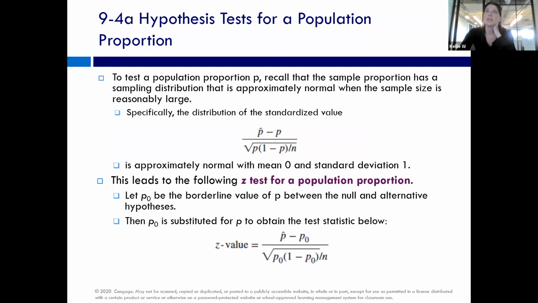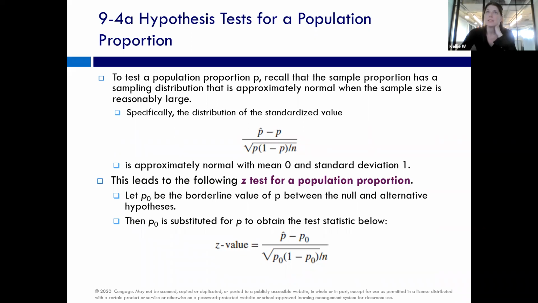So again, not stressing out about the formulas. The main point here is that if we're testing a population proportion P, then we have a sampling distribution that's approximately normal when our sample size is reasonably large. And we can calculate the distribution of the standardized value with this formula, and we'd say it's approximately normal with a mean of 0 and a standard deviation of 1.